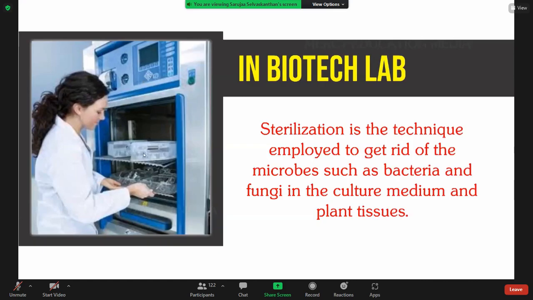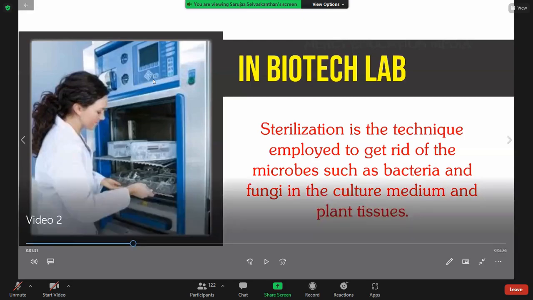and plant tissue. What is this equipment? Incubator? No. Laminar flow? No, this is not the laminar flow.